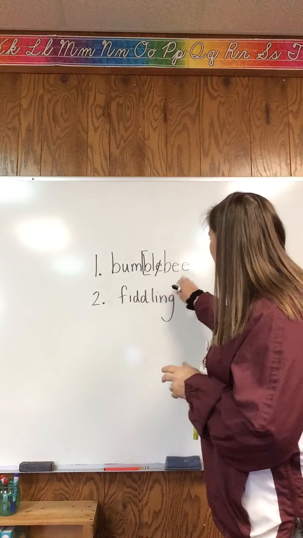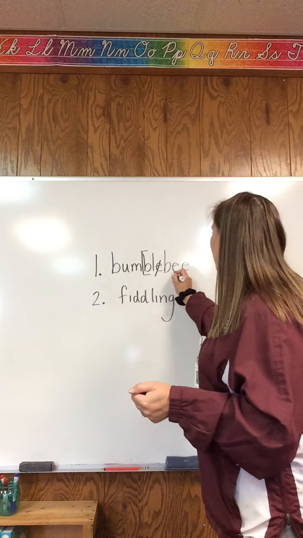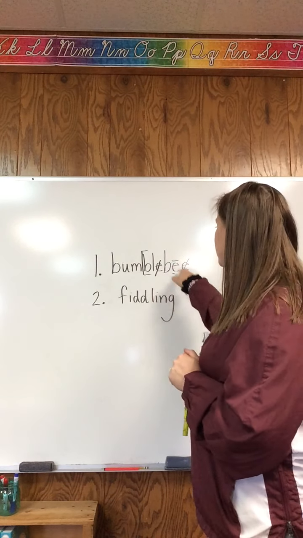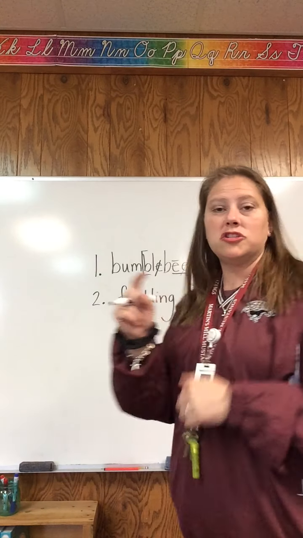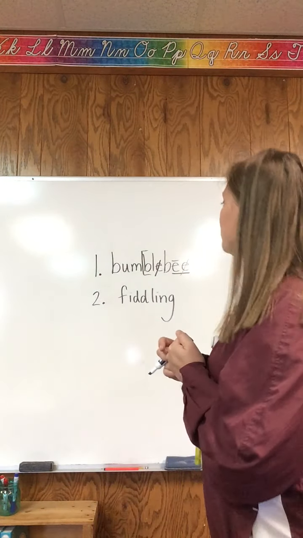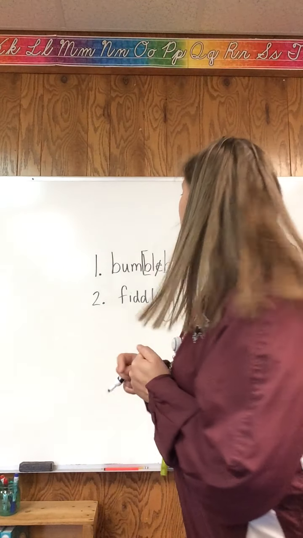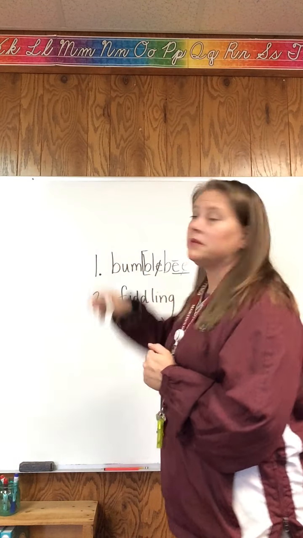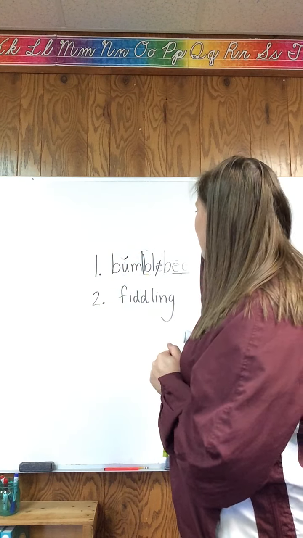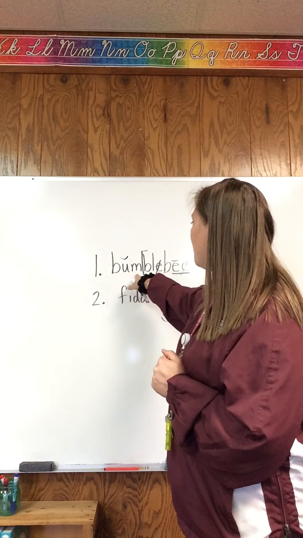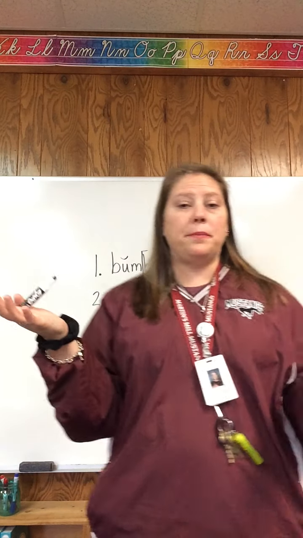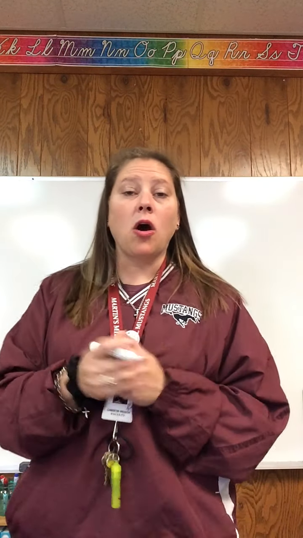I also see over here EE digraph, which is long E, silent E, because it's going to say E, because you should be starting as you begin the coding process to figure out the sound you have going on here. This U comes in between two consonants, therefore it's going to be short. So far I've got bull, bee, bumblebee, which is a compound word.